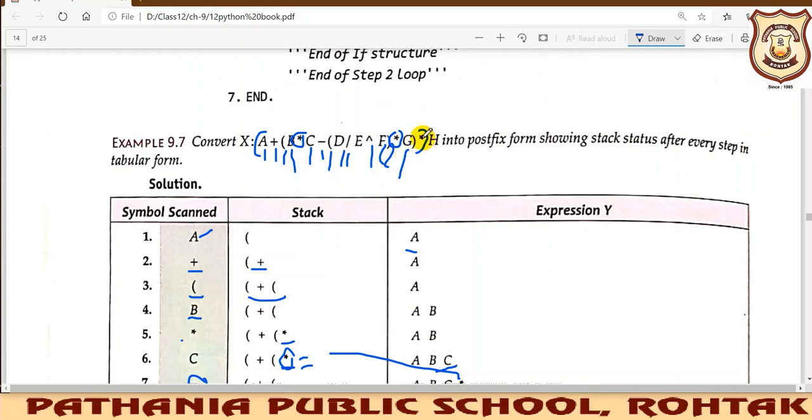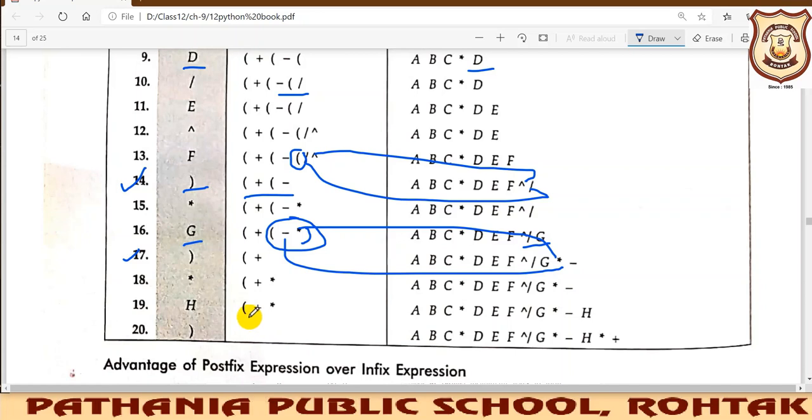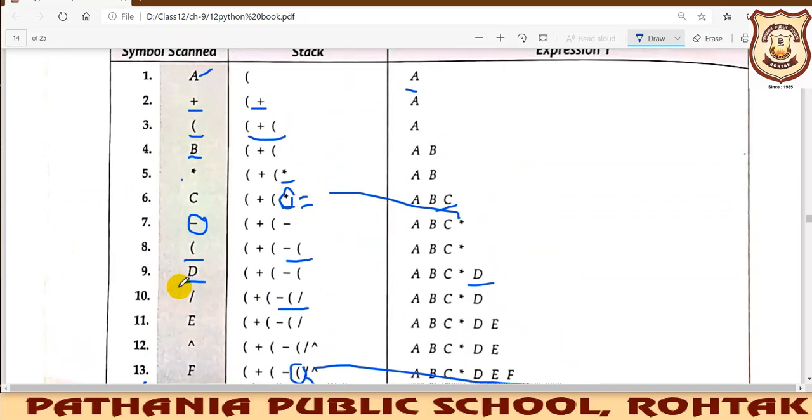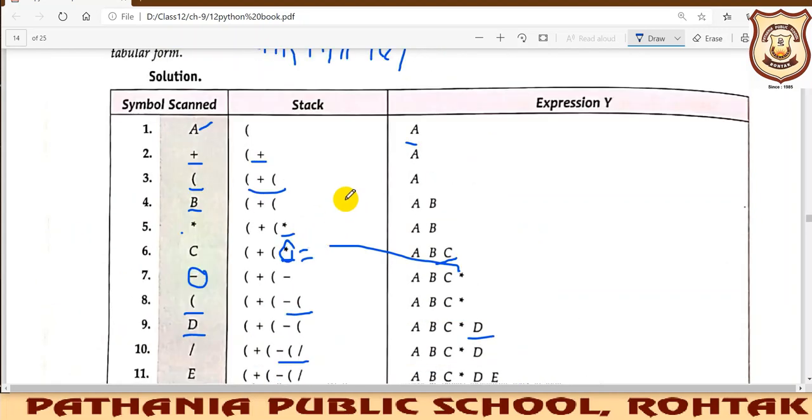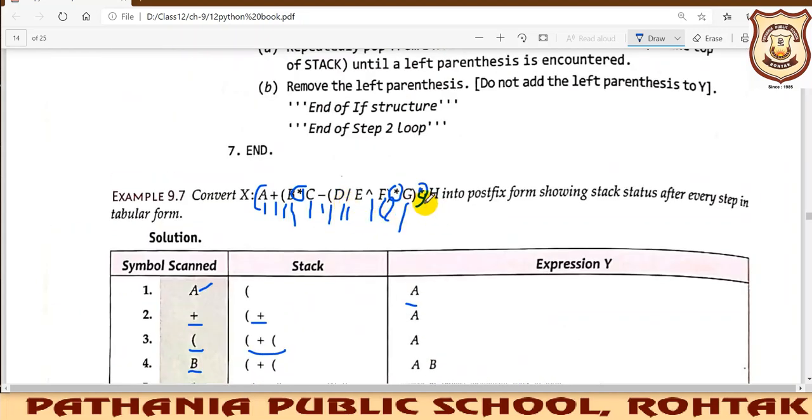Next we have this multiplication symbol, which will be pushed to the stack. Next is your H. By mistake I put this parenthesis here; it should be here actually. H is left, so this is not required here.